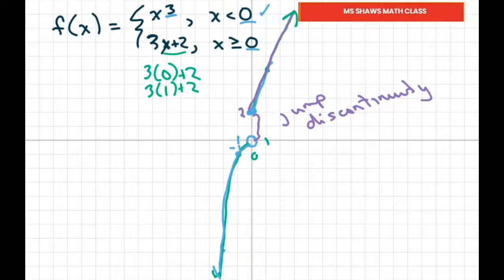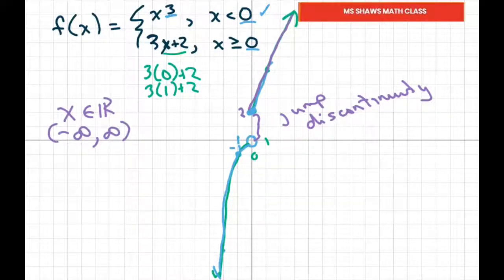Okay, you can already see from the graph that we're using all the x's. So x's is all real numbers, or you can write it like this in interval notation. Your range, let's look at the range. What's going on with the y? We're starting at negative infinity, and we're going to 0.